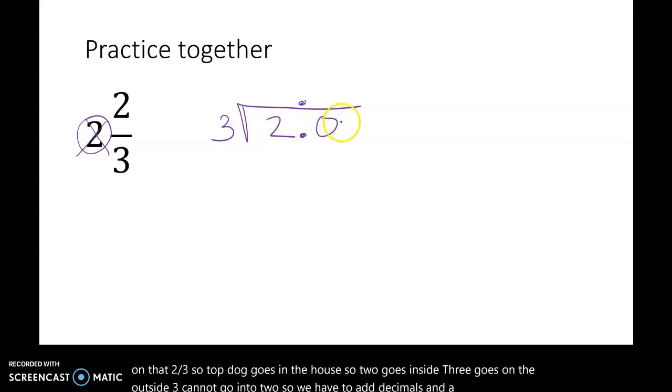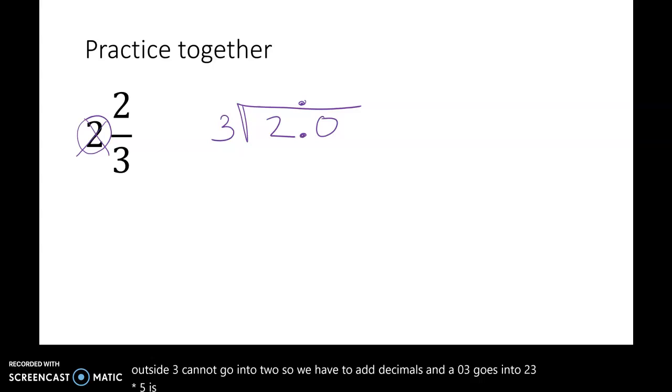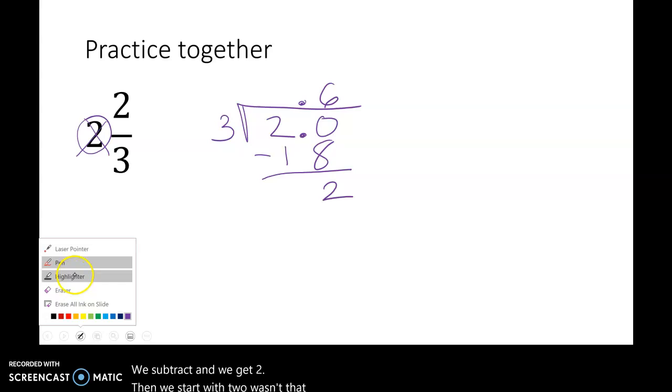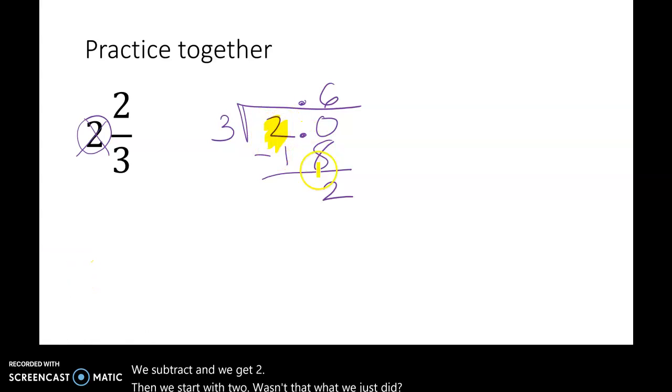3 goes into 20. Well, 3 times 5 is 15. 3 times 6 is 18. And 3 times 7 is 21. So that's too high. So we're going to do 6. 6 times 3 gets us 18. We subtract and we get 2. Uh-oh. Didn't we start with 2? We got 2 here, and we just got another 2.